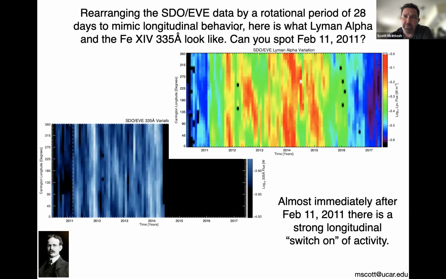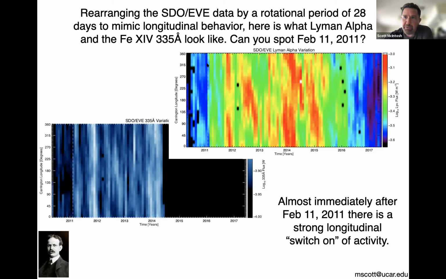If you look at the same phenomena longitudinally, so now what you do is you take the daily data of your time series and prescribe a rotational rate, so every 28 days becomes 360 degrees of longitude, and you strap all the data together, you can now see that if I look through time in the Lyman alpha line, so the 1211 angstrom line of hydrogen, you can see that the switch on this terminator is extremely abrupt.